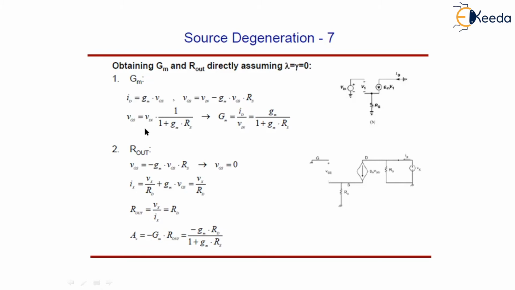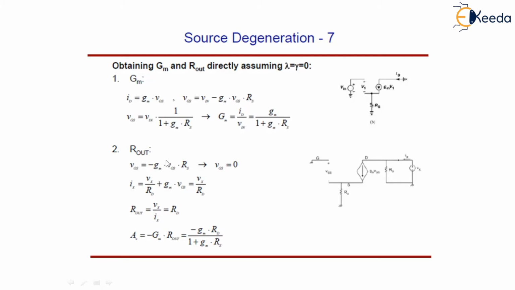Now dividing both the equations, we get ID upon Vn equals Gm upon 1 plus GmRs. So this is the same as what we derived for the equivalent transconductance when we considered the body effect and channel length modulation and then applied the limits in that equation.